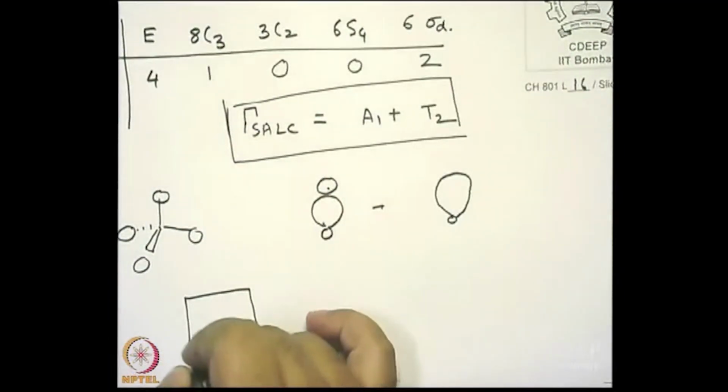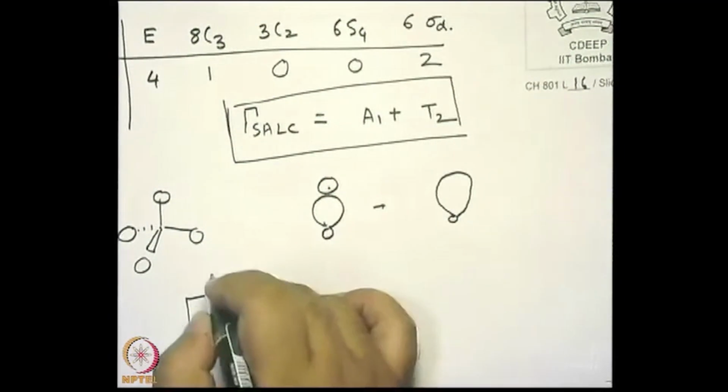So now we have to worry about what the A1 combination is and what the T2 combination is. The A1 combination is very simple, isn't it? We learned to draw this tetrahedron inside a cube. Let me do that.